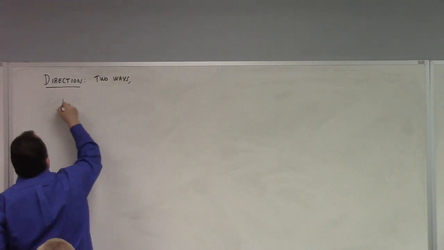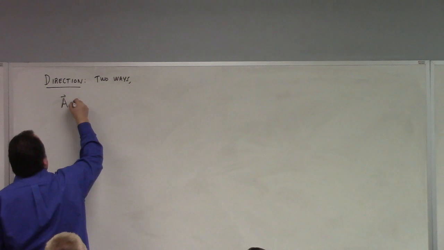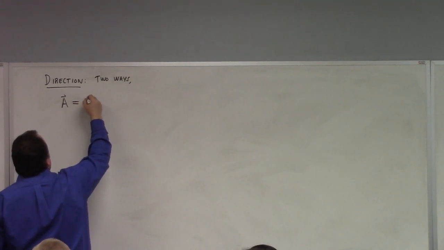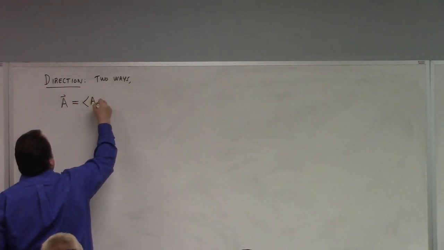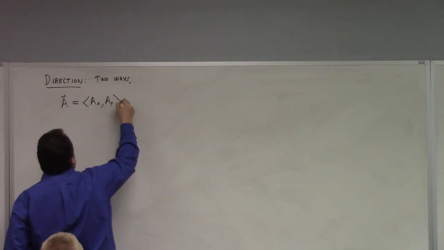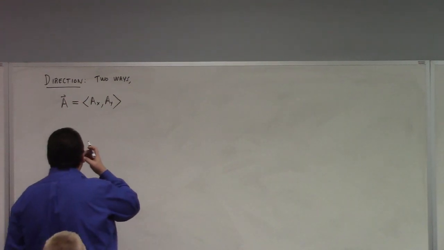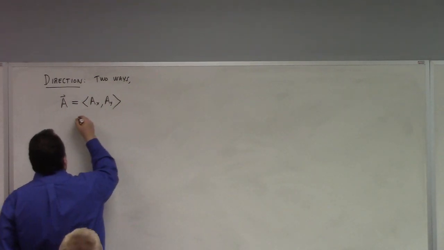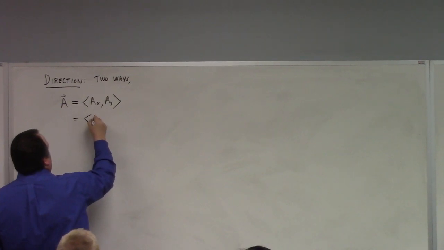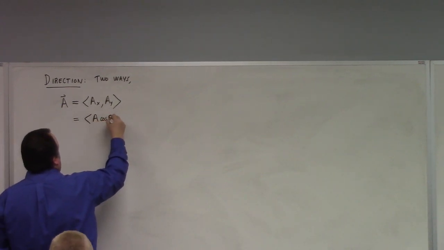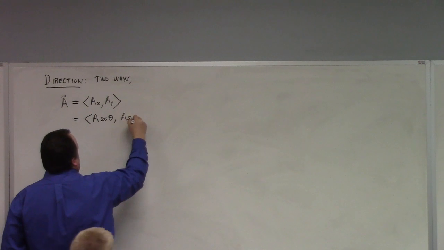All right, so if we have a vector A and it's not equal to 0, on the one hand, we can write it as a sub x, a sub y. That's just the basic terminology, all right? So one thing you can do is rewrite this in terms of the magnitude times the cosine of the standard angle, the magnitude times the sine of the standard angle.